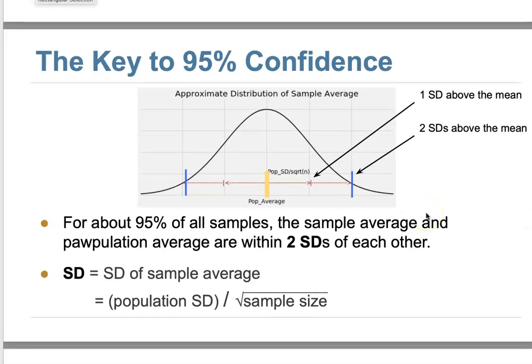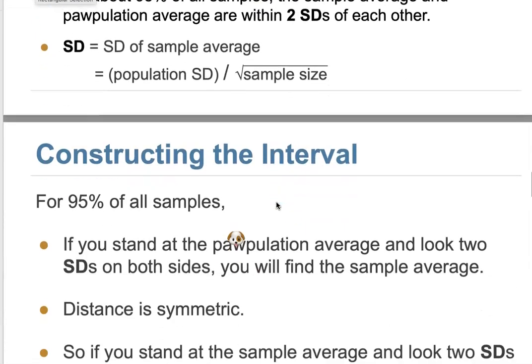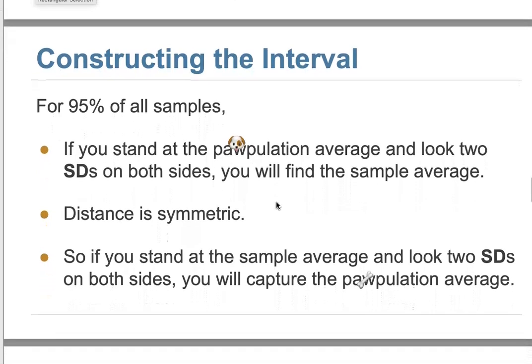Then you will ask, but how do we know the population standard deviation? Because we are trying to estimate the population average, on the other hand, we don't know the population standard deviation either. So we need to look again at constructing the 95% interval.